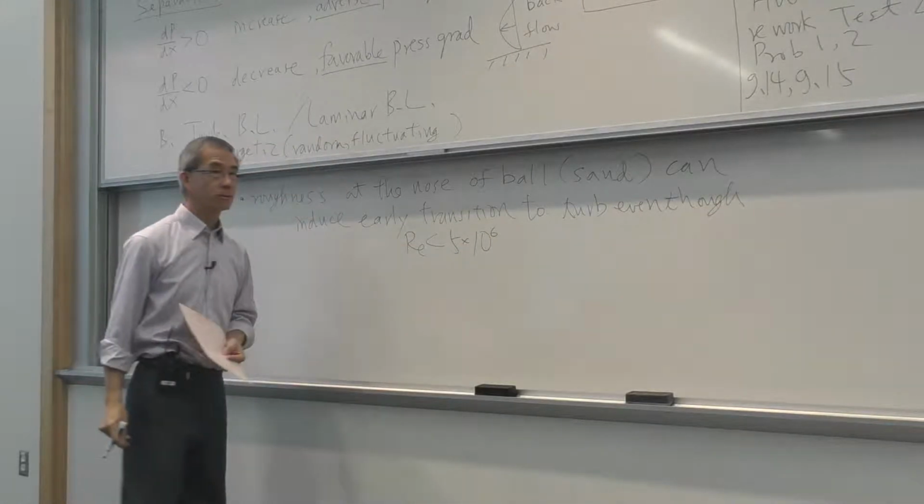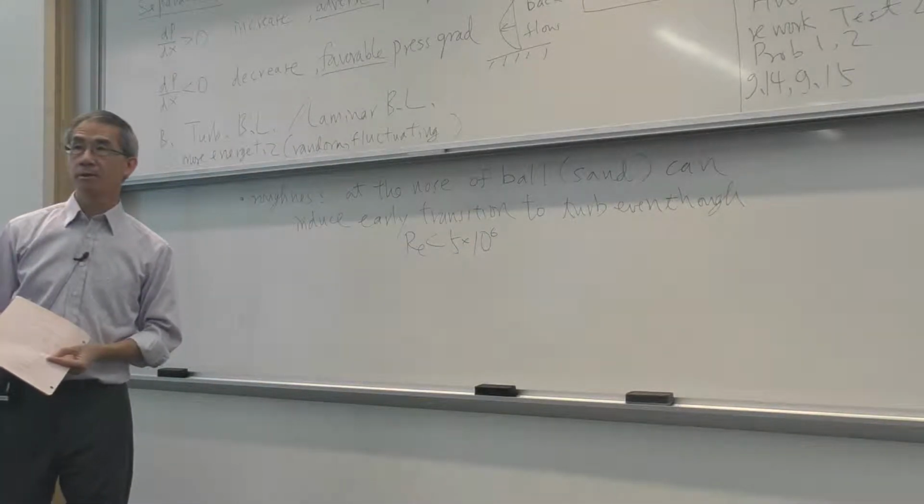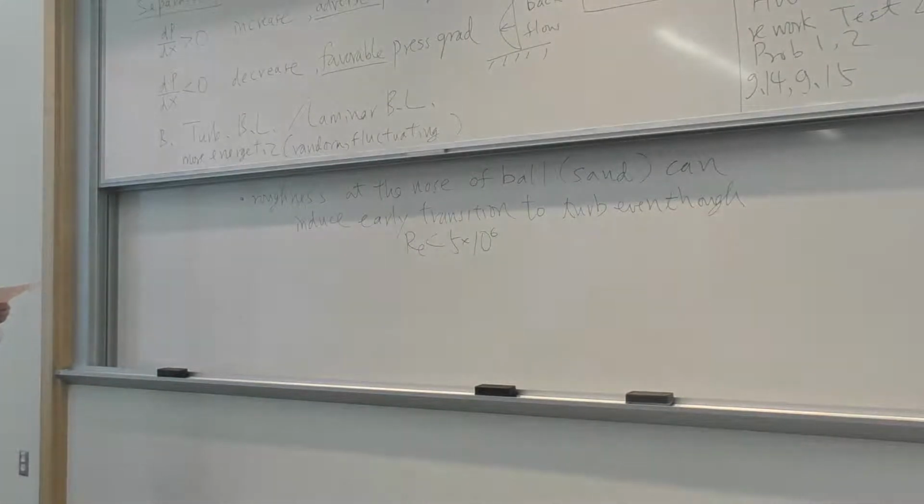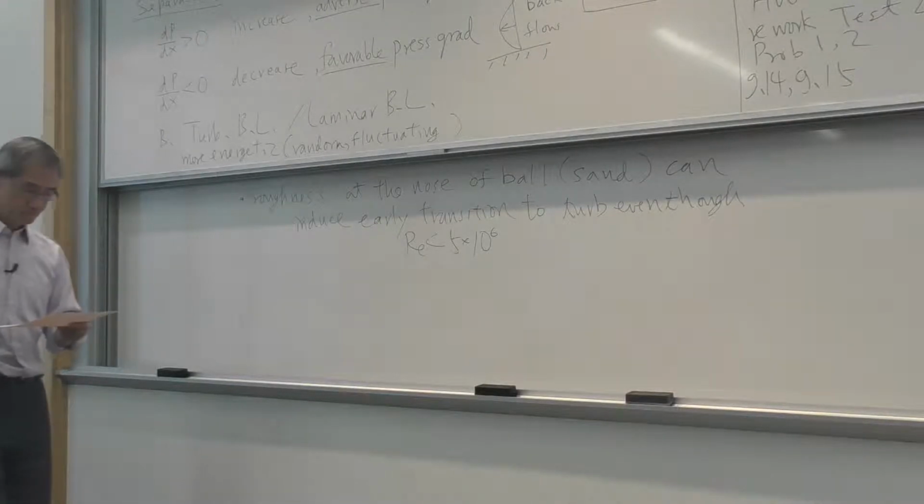So we fool the boundary layer to behave like turbulent, even though I'm still within the 5 million Reynolds number range. And hence the reason for the dimples on the golf ball.